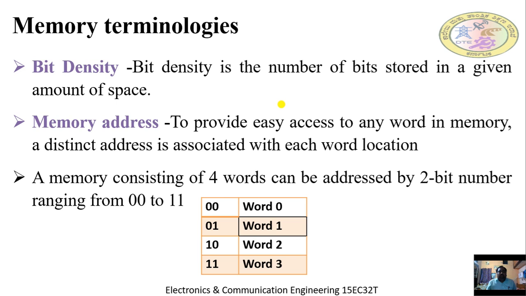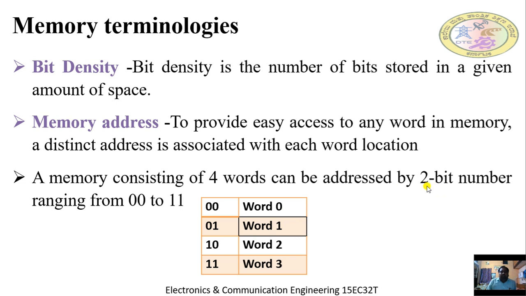In the figure you can see a memory consisting of 4 words, that is word 0, word 1, word 2 and word 3, arranged in 4 different memory locations. These can be accessed by a 2-bit memory address.